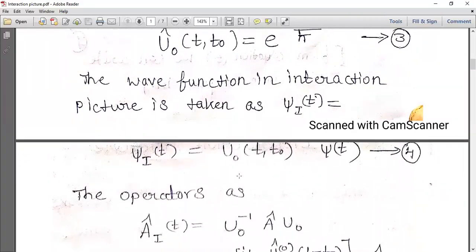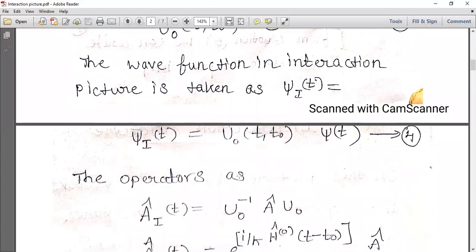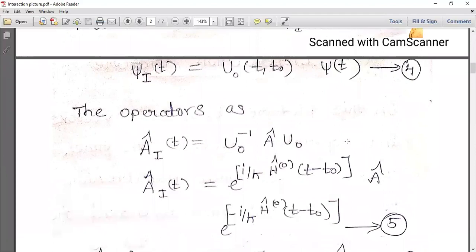Now, the wave function in the interaction picture. How can we write the wave function in the interaction picture when we include the time dependent part? That is psi I of t equal to U naught inverse t to t naught psi of t. Like in the Heisenberg picture, we take the unitary operator.